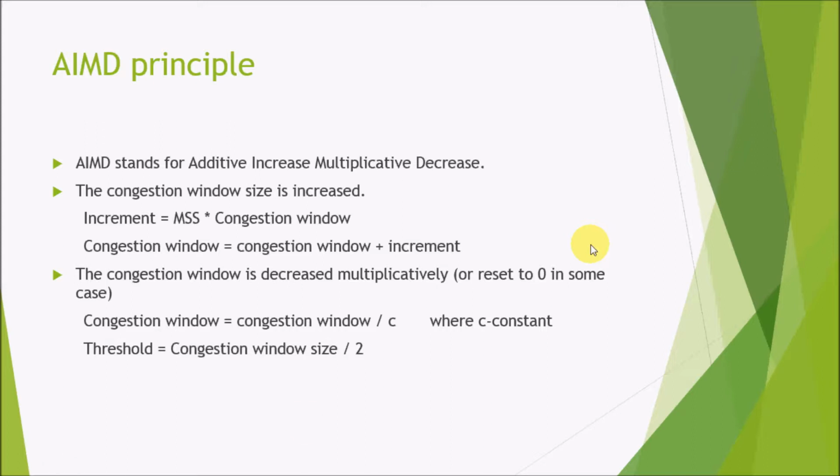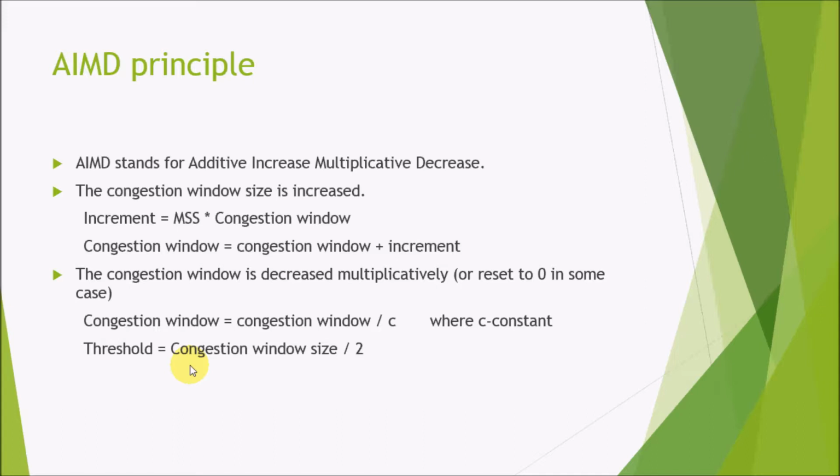Okay, so here the formula is given. The new congestion window size is equal to the congestion window divided by some constant, or we can also reset it to 0 in some cases. Now here the formula is given: threshold equals congestion window size divided by 2. What is the threshold?